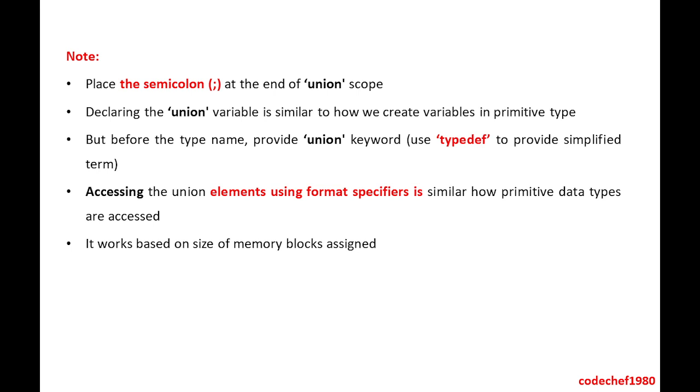If you want a very simplified name for our union user defined data type, then you can go with typedef. For accessing the elements we use the same format specifiers we have for primitive data types. And finally, as I mentioned, the union works based on memory blocks assigned according to the highest memory block size declared in the data types.